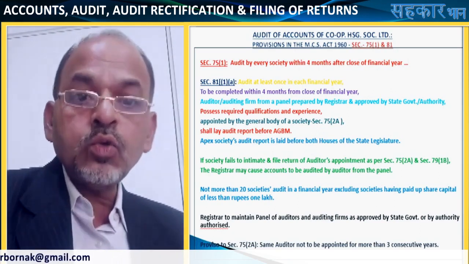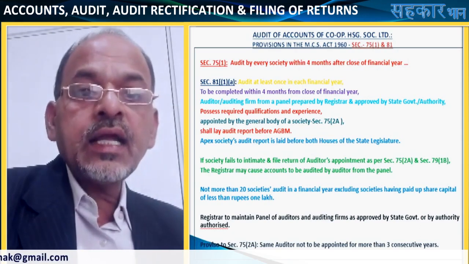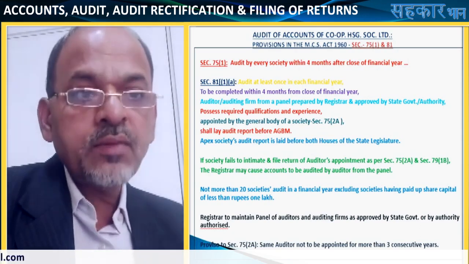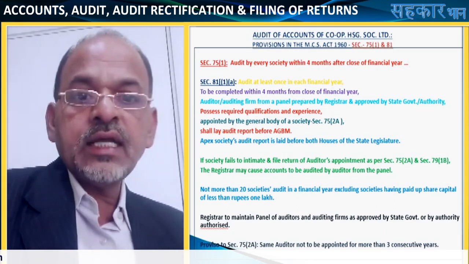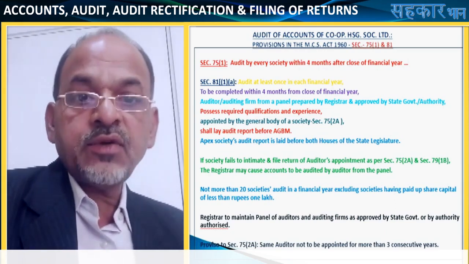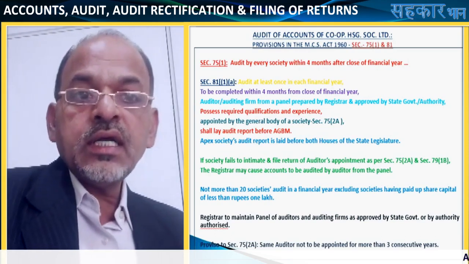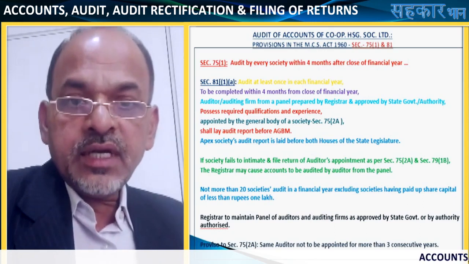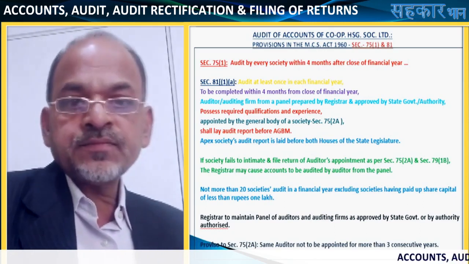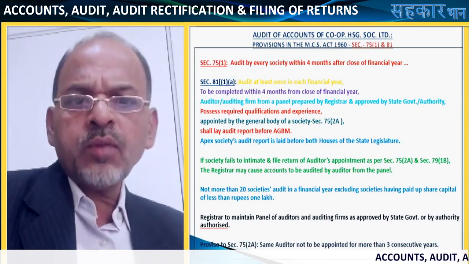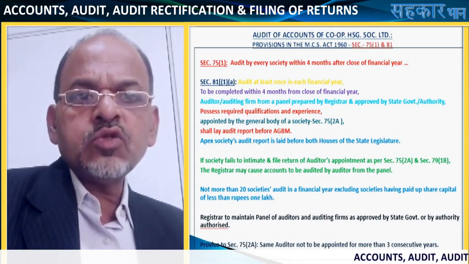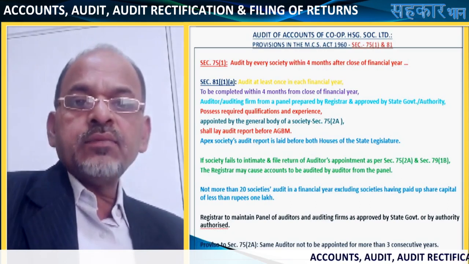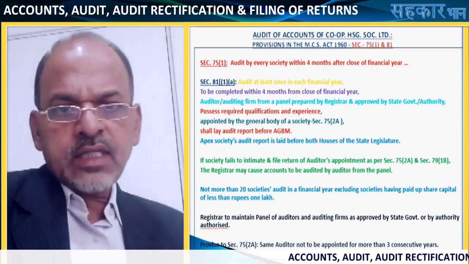As per section 75(2A), the auditor is to be appointed in the annual general body meeting of the society. The audit report of the statutory auditor is to be laid before the annual general body meeting. Means the audit report is required to be submitted to the registrar, but it is also required to be laid before the annual general body meeting for consideration. Okay.